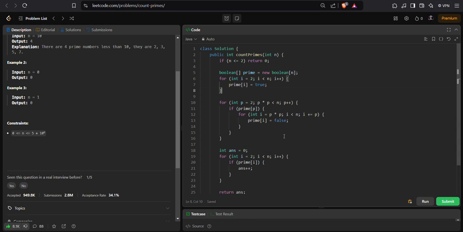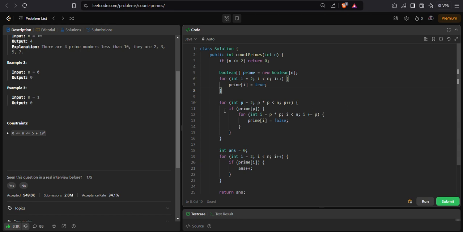We will also be keeping those numbers in a boolean array, prime. First of all, we will mark all those numbers as true. We will be considering all those numbers as prime, and we will be starting our for loop from 2, iterating till the square root of n.